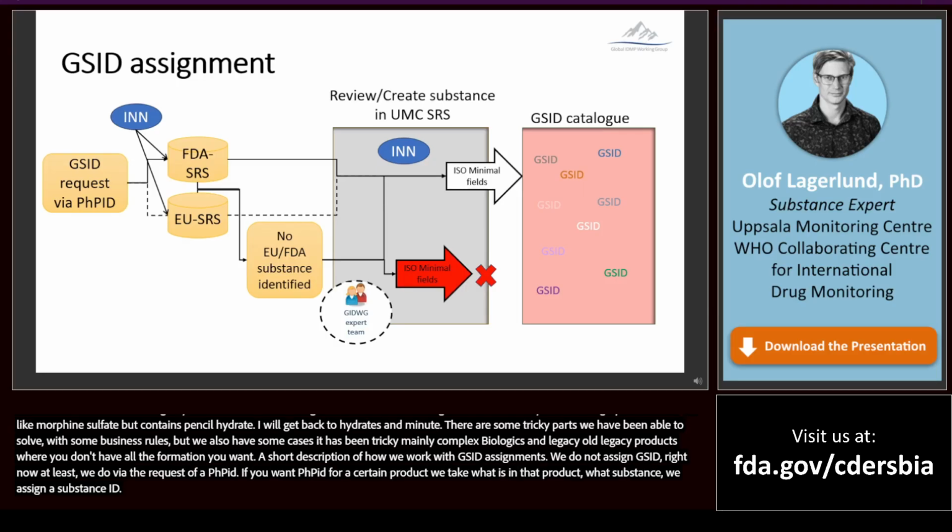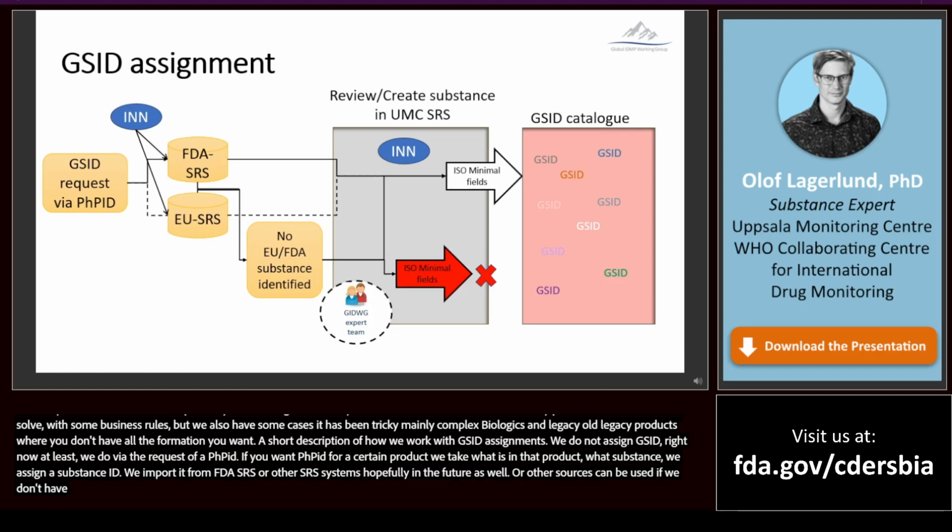We import it from FDA SRS or other SRS systems, hopefully in the future as well, or other sources can be used if we don't have any US or EU substances, for instance. We can take it somewhere else and create it ourselves in the UMC SRS, which is the same software as the FDA uses.